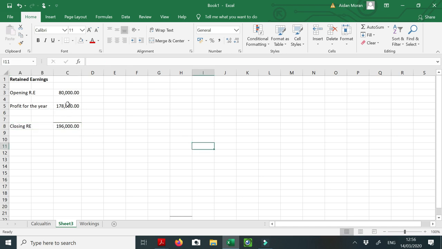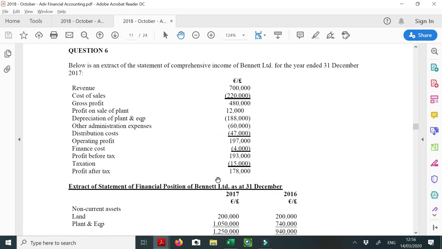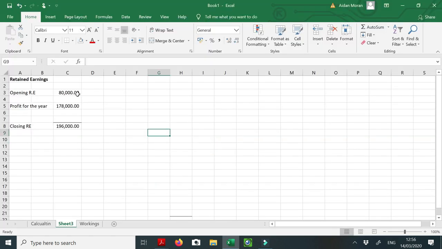The difference between the opening and closing, well, retained earnings are the accumulation of all the profits and losses generated. So I did make a profit in the year. My profit was 178. So how did I get from 80 plus 178, which is 258, down as far as 196? I would have paid out a dividend.